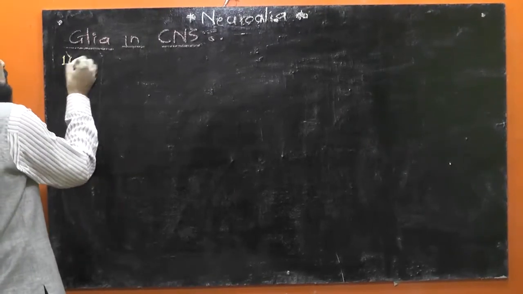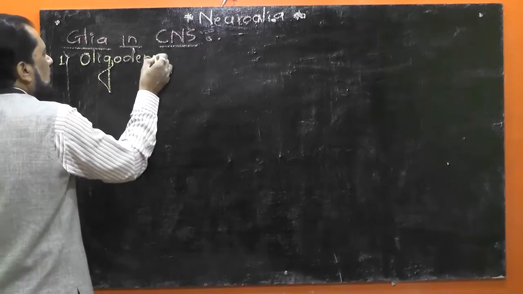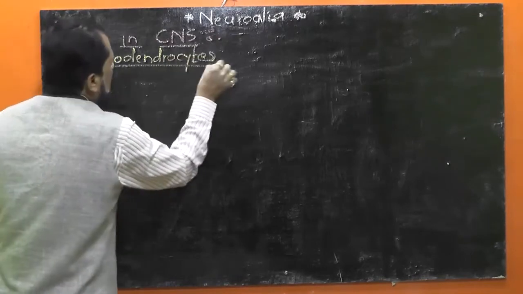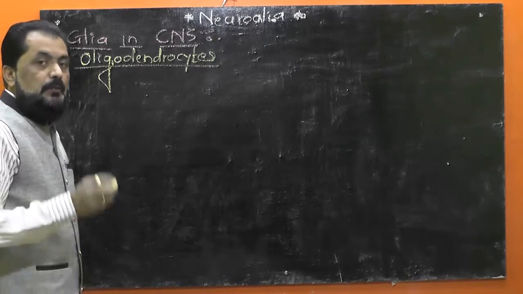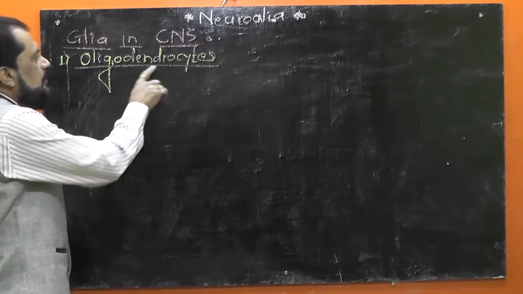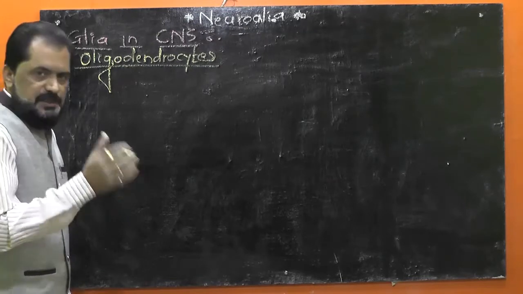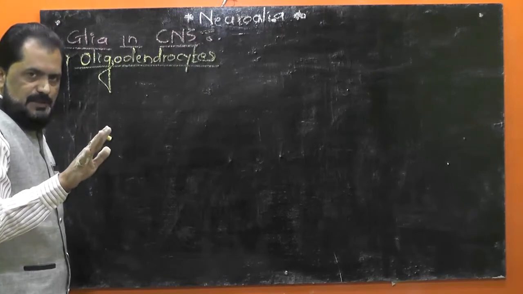First one is oligodendrocytes. Now here oligo, this word stands for few. Dendro, this word stands for dendrites or processes. And cyte, this word stands for the cell.